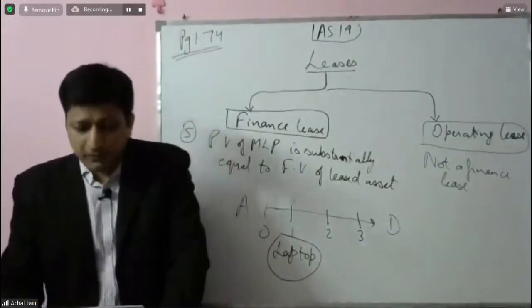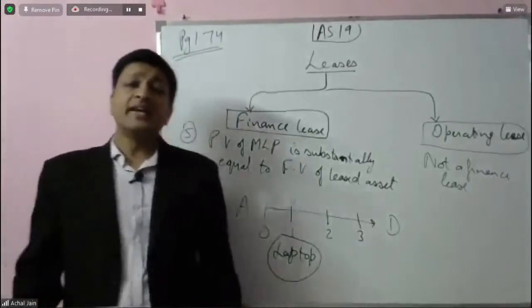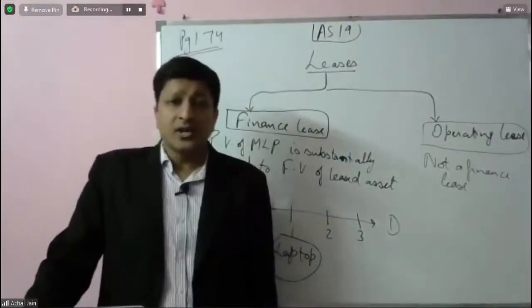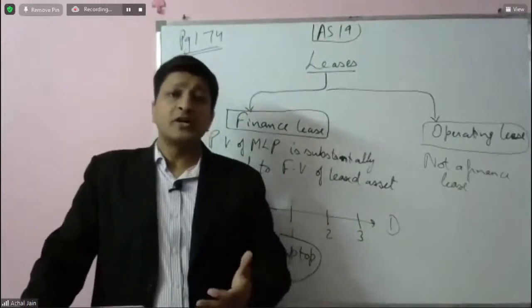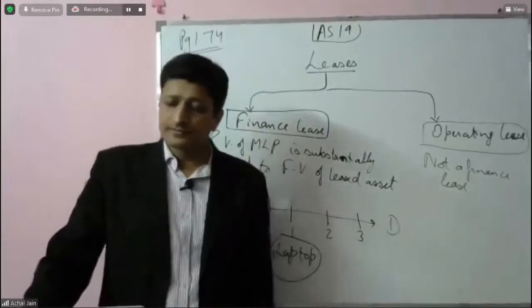Okay. So we are talking about the 5th indicator. 5th indicator involves a bit of arithmetical calculations which you will also be required to do significantly in this chapter and in this standard also.